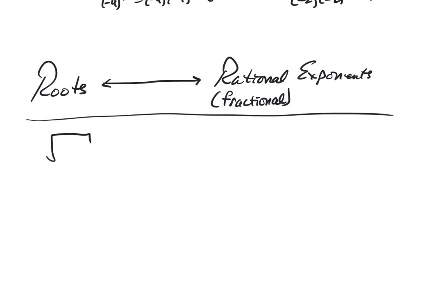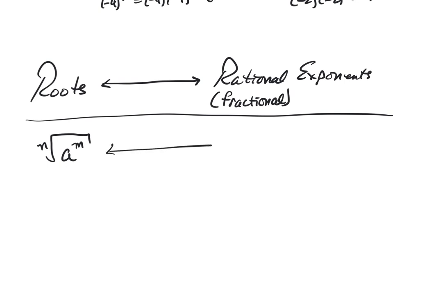If I give you a radical, and I have the nth root, and a might be raised to a power, what this will then turn into as a fractional exponent, the radicand just stays the same, and then what we do is we create a fraction out of the two numbers n and m. And the way we do that is by taking whatever exponent might be present, m, and dividing by the index, n.